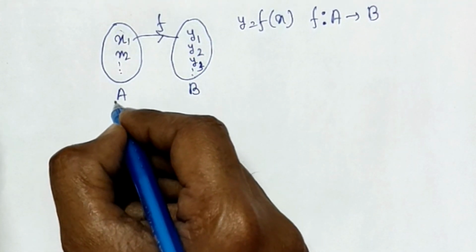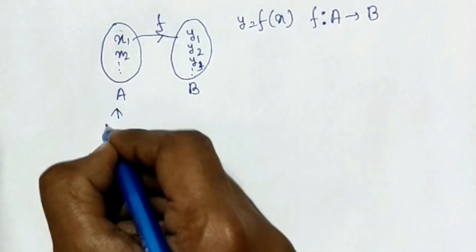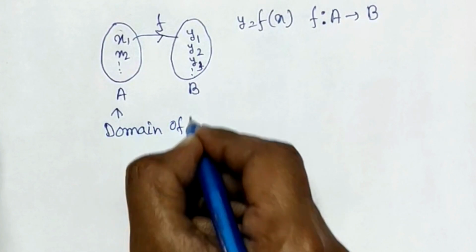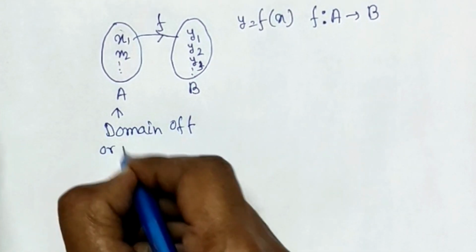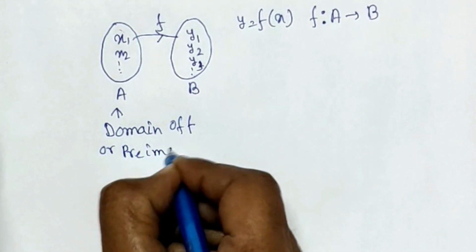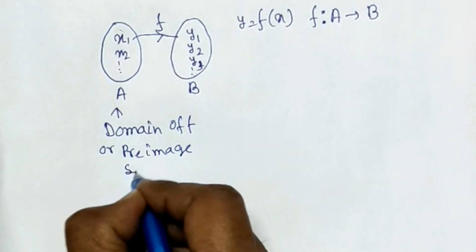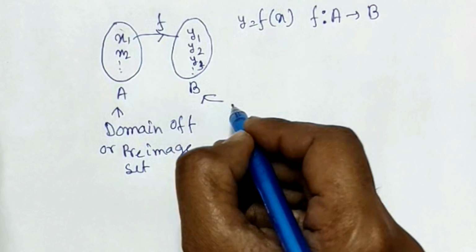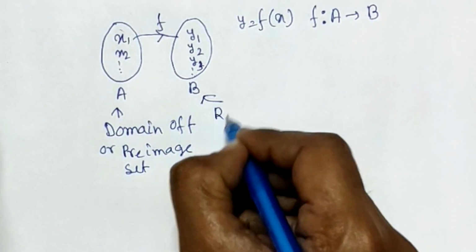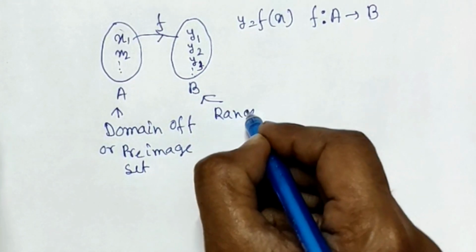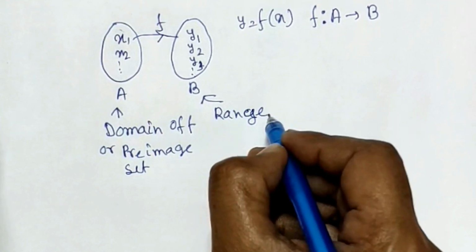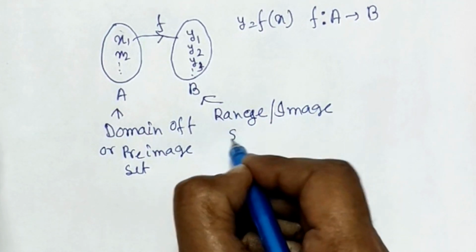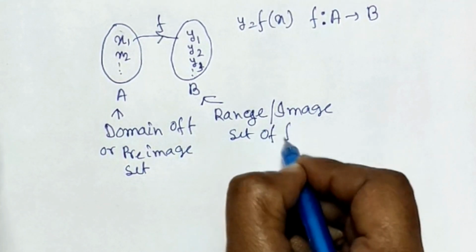Basically, the first set is said to be the domain of f or pre-image set, and the second set is said to be the range or image set of f.